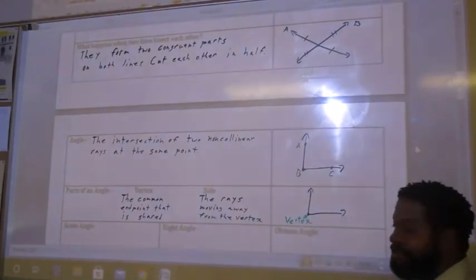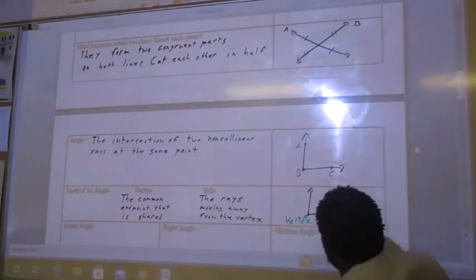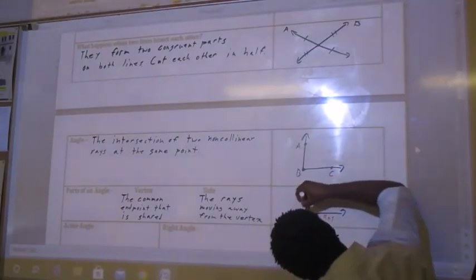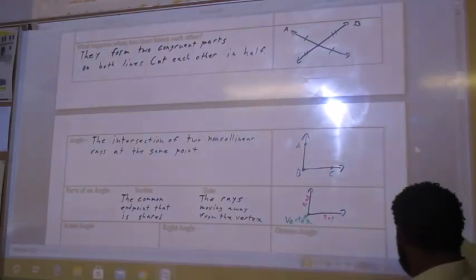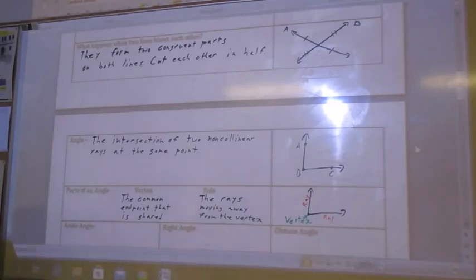This is our vertex. And then you have your ray. Ray. Okay? The sides are the rays.